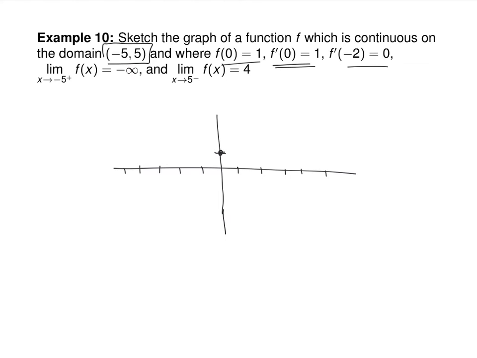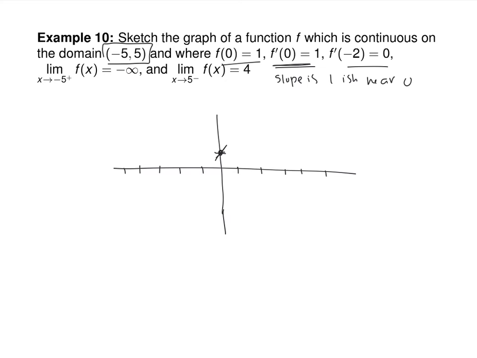Now, since f prime, the slope of the tangent line, is equal to 1, that means the slope is 1-ish near 0. You see what I mean? The tangent line is close to the function, so the slope is kind of 1-ish, 1 rise over 1 run. So it means it has to go up, right?